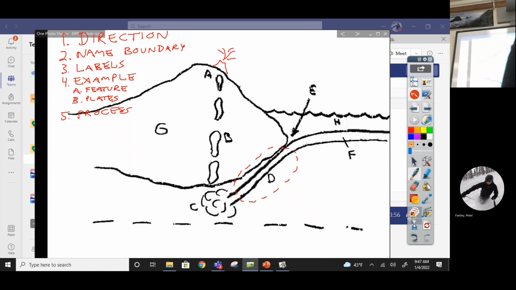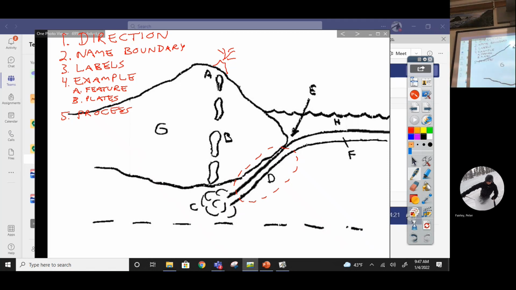That takes us to examples. Again, there are several examples you could choose in places on Earth where this happens. Just remember one of them. One good example is Japan, where the Pacific plate is getting pushed underneath the Eurasian plate, making the volcanic islands of Japan.